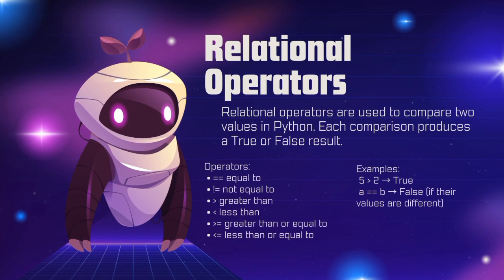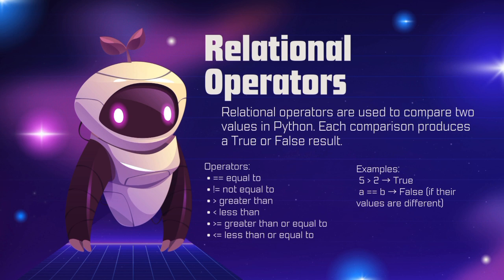On this slide, we have relational operators. These operators allow us to compare two values in Python, and the result will always be either true or false. For example, we can check whether one number is greater than another, or whether two values are equal or not.